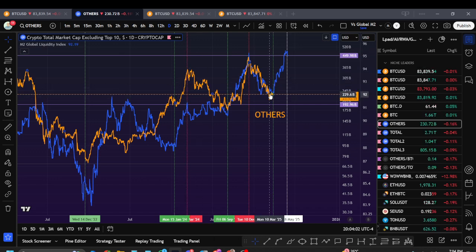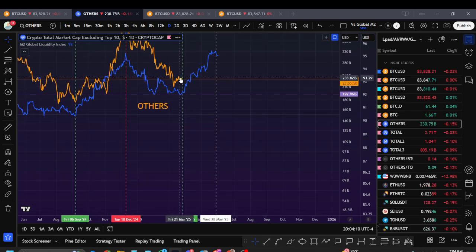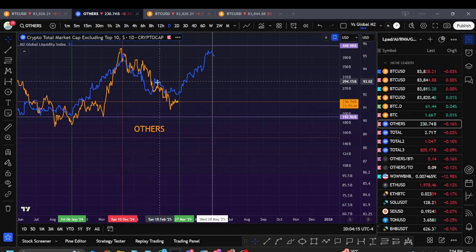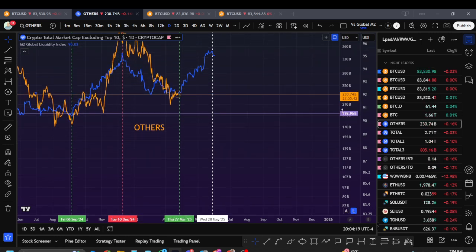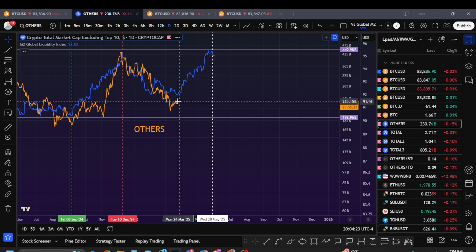My best guess is we wait and see if this rolls over one more time. This thing here lines up really well with the 75 day, but we didn't get this final rollover yet.